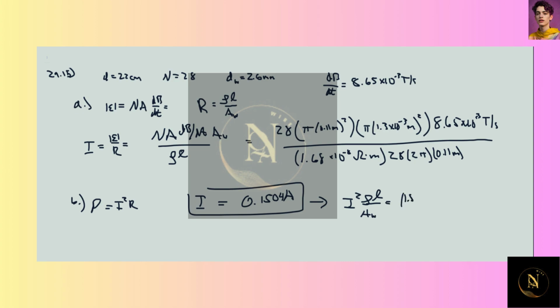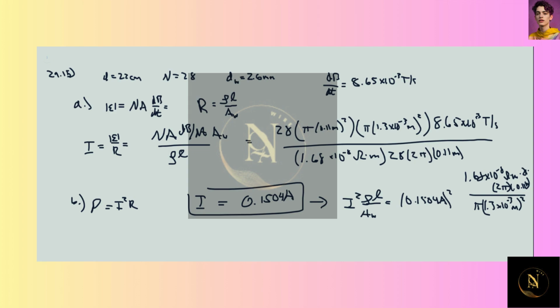So this is, oops, not 1.5, 0.1504 amps squared times 1.68 times 10 to the negative 8 ohm meters times 28 times 2 pi times 0.11 meters, all divided by the area of the wire, which was pi times 1.3 times 10 to the negative 3 meters squared.